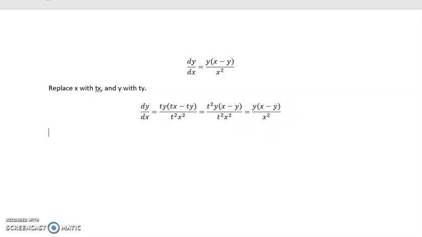The substitution we're going to make is that y is equal to vx. So v is some function of x, but it has a common factor of x that we can factor out. Now, in order to make our full substitution, we're also going to need the derivative of y. Because v is a function of x, we're going to need the product rule.